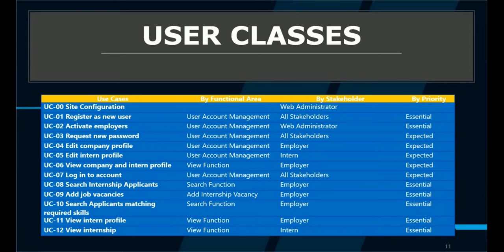Okay, these are the site configuration, register as new user, activate employers, request new password, edit company profile, edit intern profile, view company and intern profile, log into account, search internship applicants, add job vacancies, search applicants matching required skills, view intern profile, and view internship.